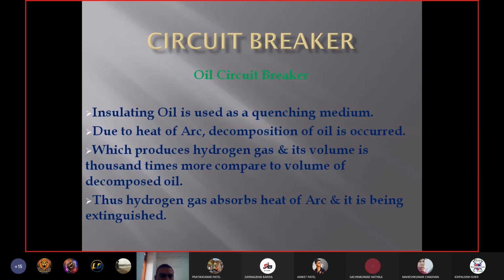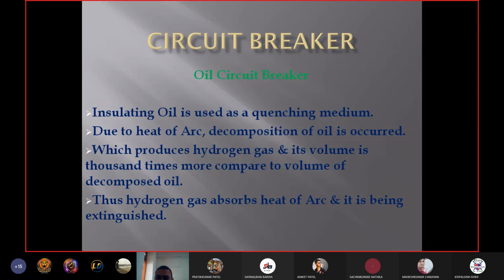Due to the heat of the arc, decomposition of the oil occurs. And when decomposition occurs, it produces hydrogen gas, and its volume is 1,000 times more compared to the volume of the decomposed oil. Understood? When decomposition of oil occurs, at that time, what happens?